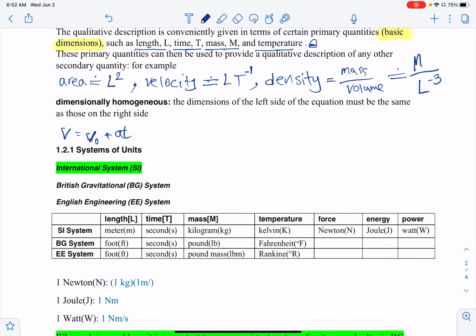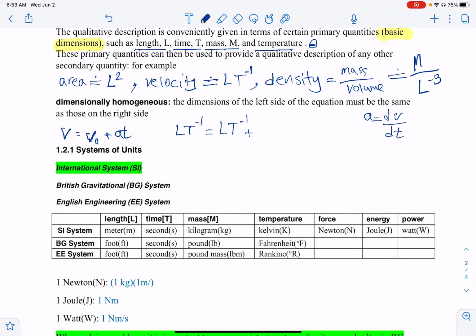So in terms of dimensions, we know that velocity is L t minus 1, right? The v0, which is the initial velocity, is also L t minus 1. And the acceleration, we know that acceleration is dv over dt.